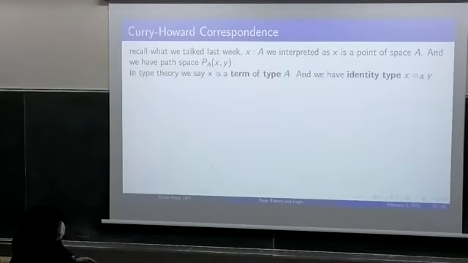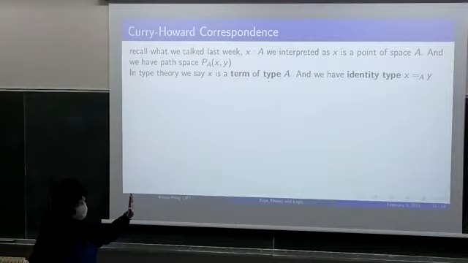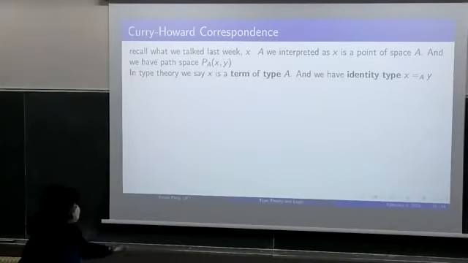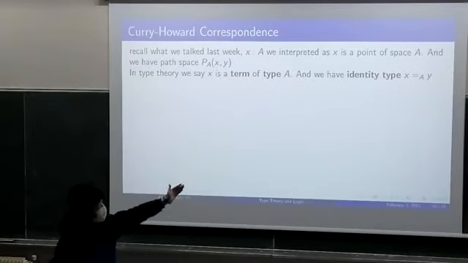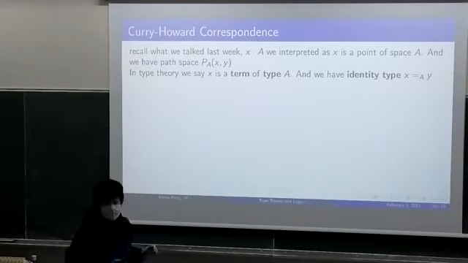But really in type theory, we say x is a term of type A. We don't call it an element or a point, we call it a term. And this path space we can also call the identity type, so we denote it like this. You can think it's just notation, but you can still think of it as a path space.